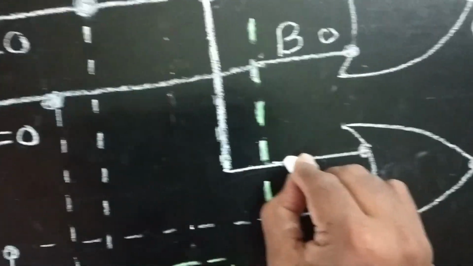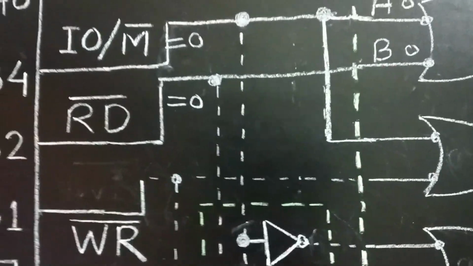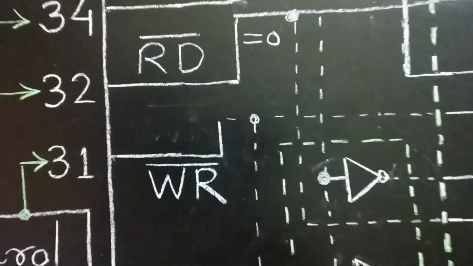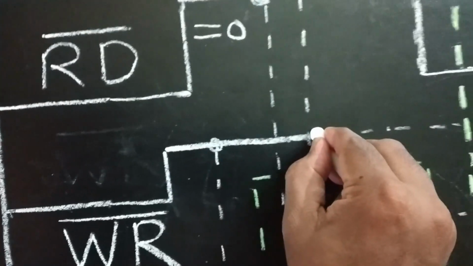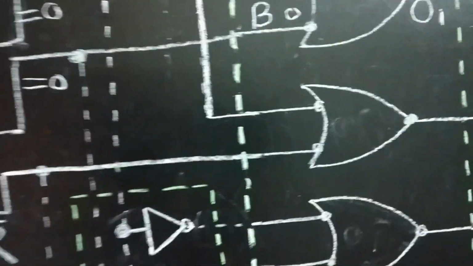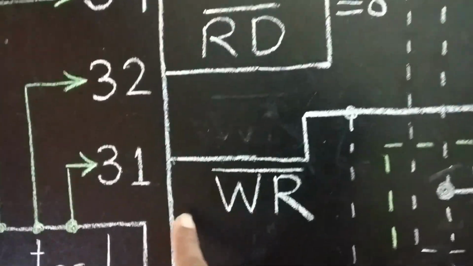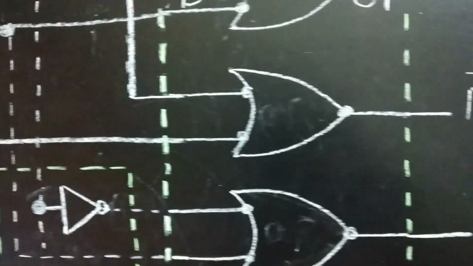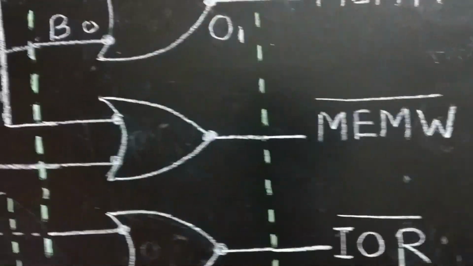This must be connected to this OR gate, and because it is a write operation, this write bar must be connected from pin number 31 to the second OR gate, which is used for generating the memory write.